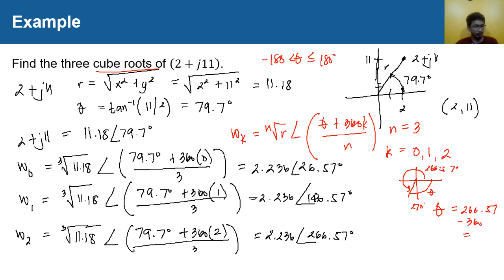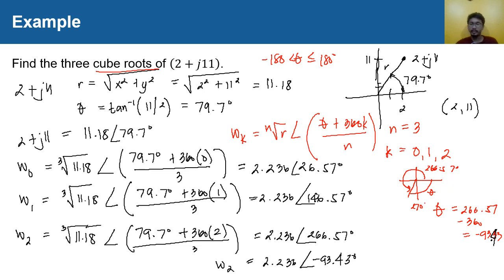That is equal to negative 93.43. Take note of that correction. Therefore, w sub 2 is equal to 2.236 bar angle negative 93.43 degrees.